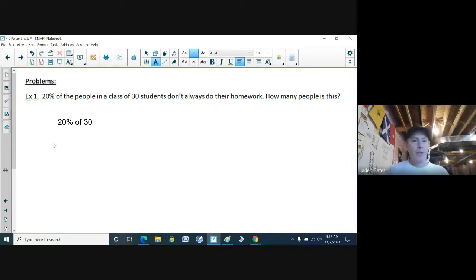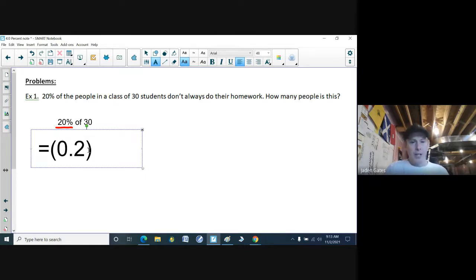All right, now a couple of things. Taking this sentence, which is a lot of English going on here, and converting it to math. The first thing I'm going to do is, as I mentioned, 20% is no good to us for calculations, so I'm going to convert it to a decimal. 20% converted to a decimal is I divide by 100, and I end up with 0.2.